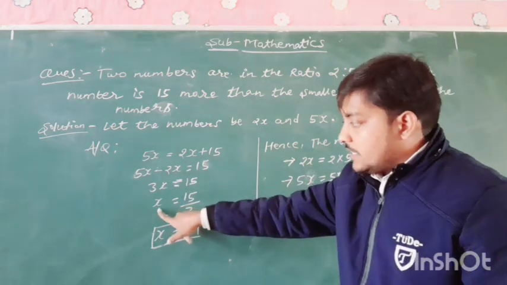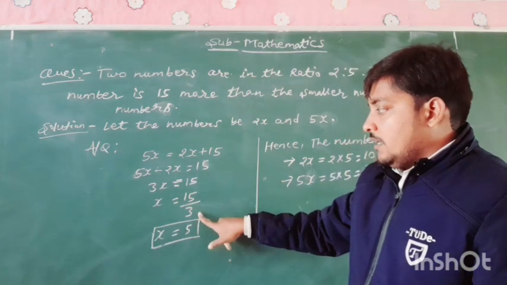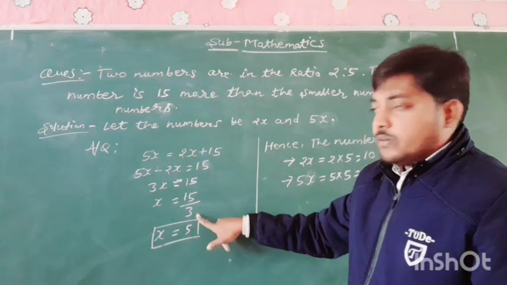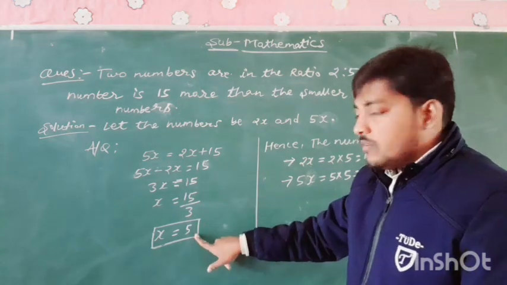And then x equals 15 upon 3. After simplification, 15 upon 3, 3 fives are 15. The value of x is 5.